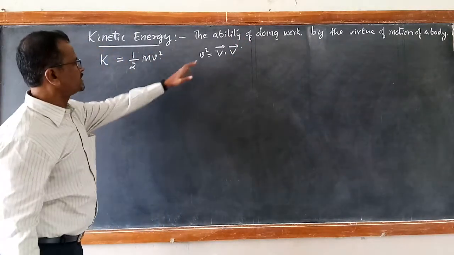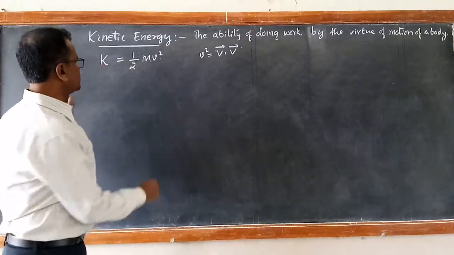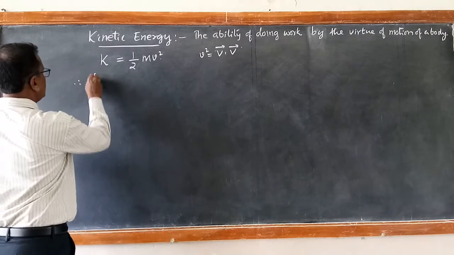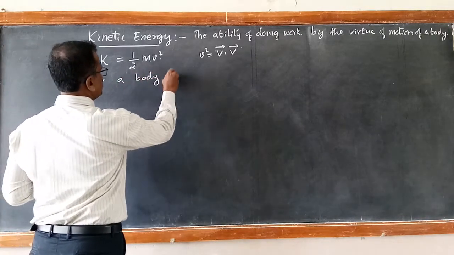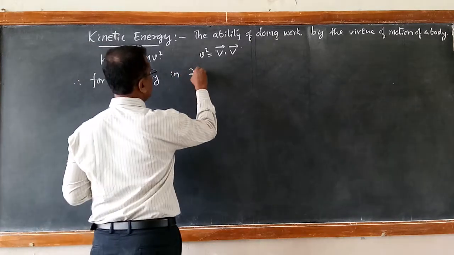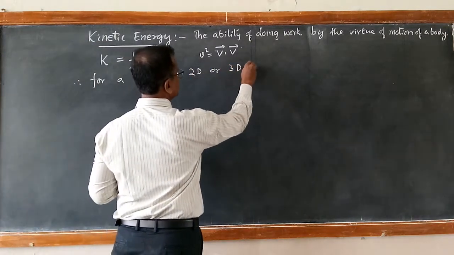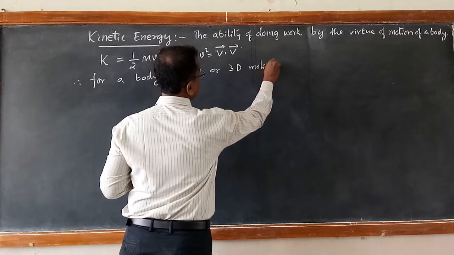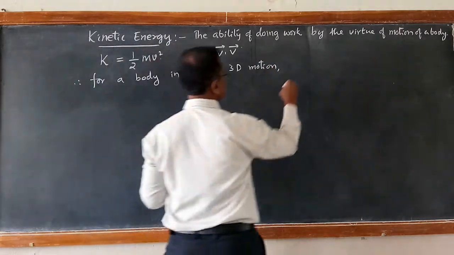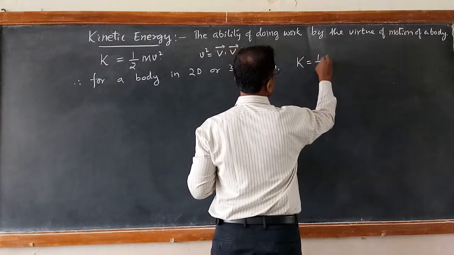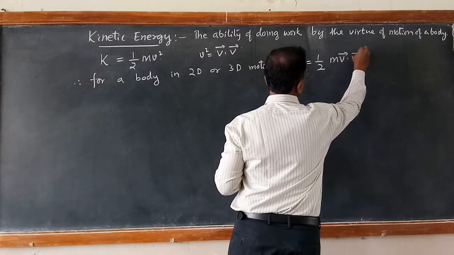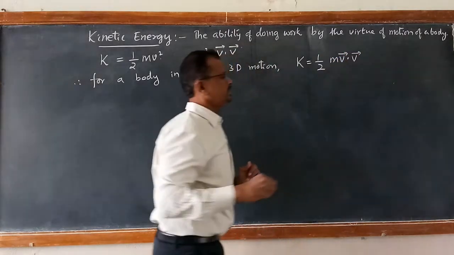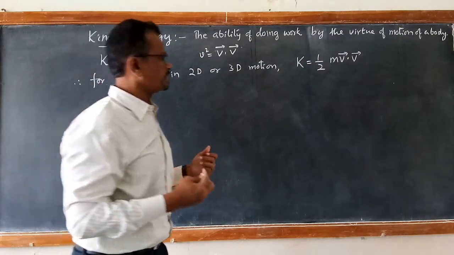Therefore, for a body in 2D or 3D motion, the same equation can be written as kinetic energy equal to half m v dot v. V dot v gives us v square.